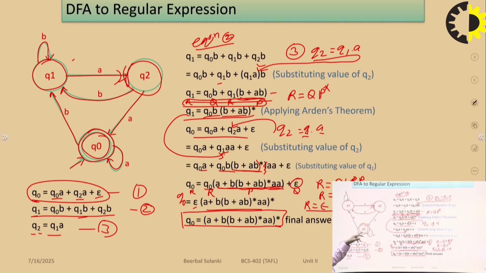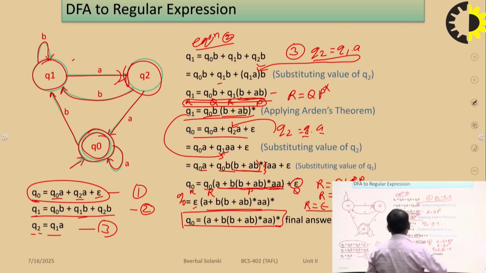Suppose Q naught is the initial and final state, and suppose Q1 is also a final state. So we write the regular expression for Q naught plus Q1. All equations are converted into the form of Q naught.